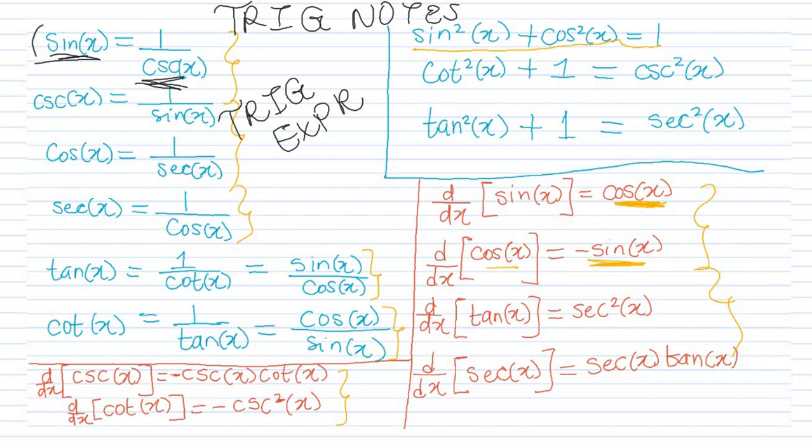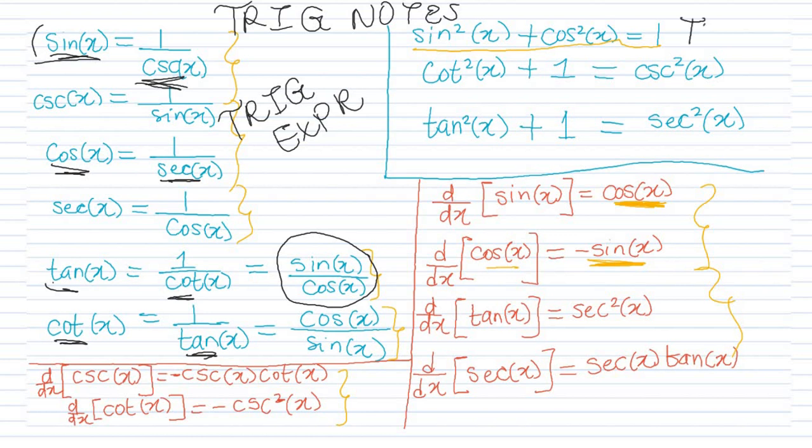For example, here, sine x relates to cosecant x in terms of reciprocality, just like cosine x relates to secant x, as well as cotangent x relates to tangent x in terms of reciprocality, and tangent x also relates to sine over cosine. So that's basically the first part of the trig notes, the left-hand side, everything written in blue.